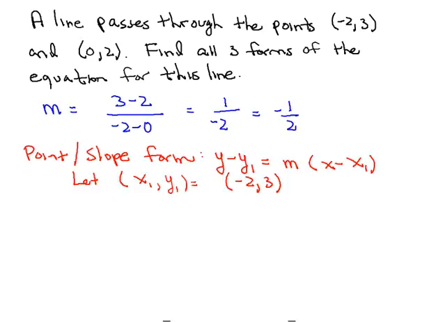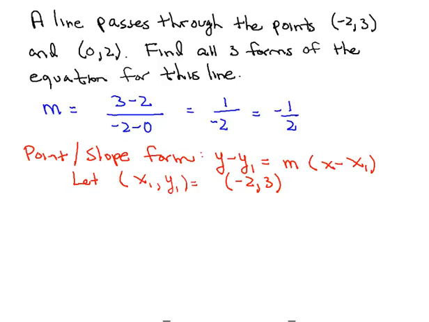So we end up with 1 all over -2, or the slope would be -1/2. Now let's first represent the equation in point slope form, which you'll recall is y minus y sub 1 is equal to m times the quantity x minus x sub 1, where x sub 1 and y sub 1 refer to a particular point on the line. In this case, I'm going to choose the point -2, 3, although we could have chosen the point 0, 2 just as well.